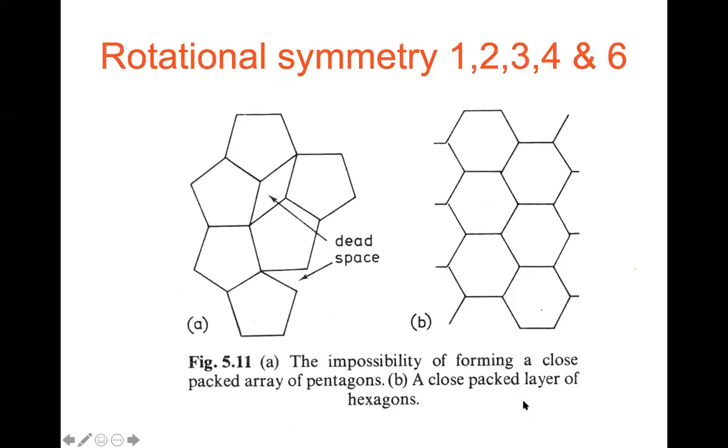Okay, so we have seen various rotational symmetries, but we don't have 5 and 7 rotation axes. It does not mean that we don't have 5-fold symmetry, but in crystals you cannot have 5-fold symmetry because close packing is not possible. So we have 1, 2, 3, 4, and 6.